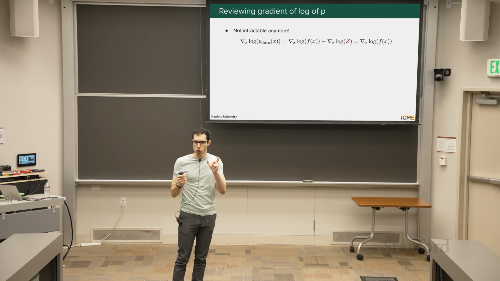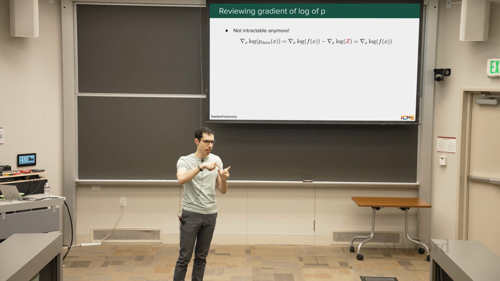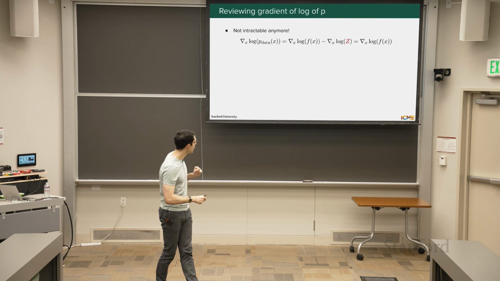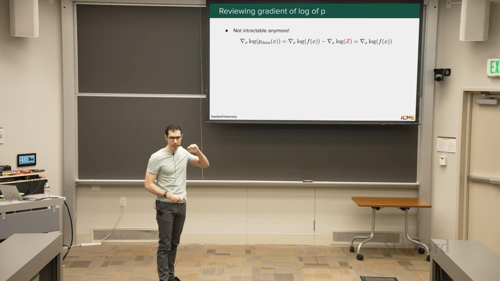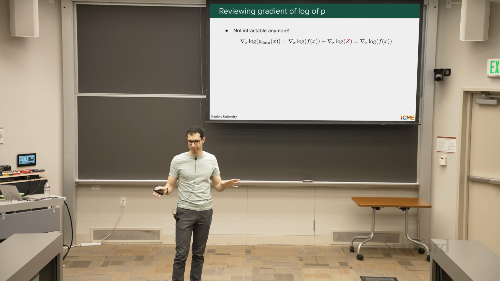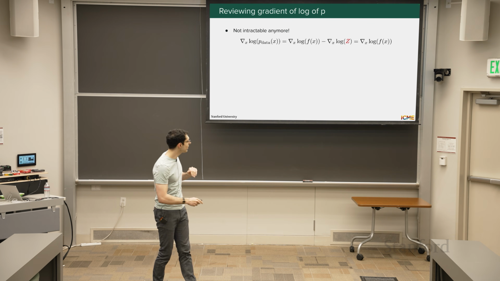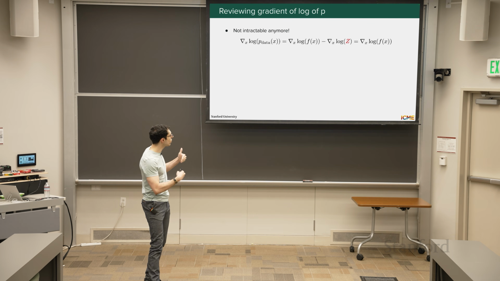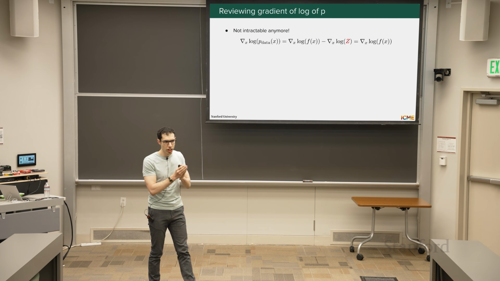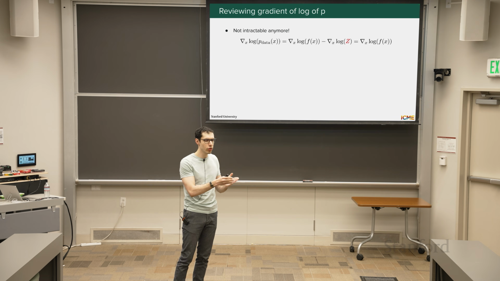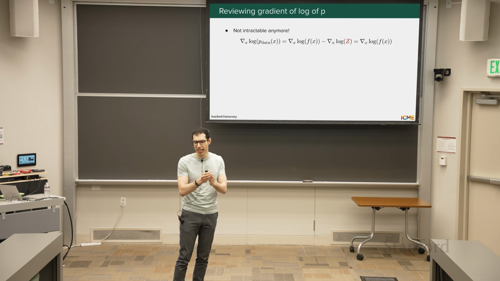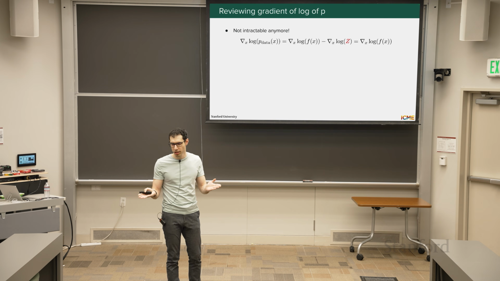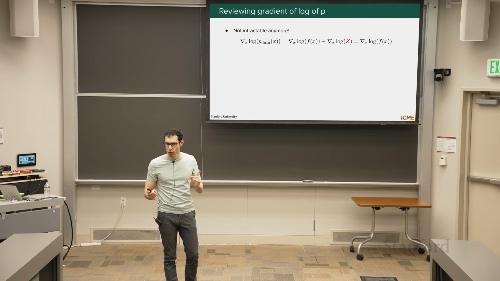And given that the normalizing constant is constant with respect to x, the point in space, the gradient of log of z is actually 0. So what that means is, in order to compute the gradient of log of p, you don't have to figure out how you want to compute that intractable quantity. So that's reason number one.